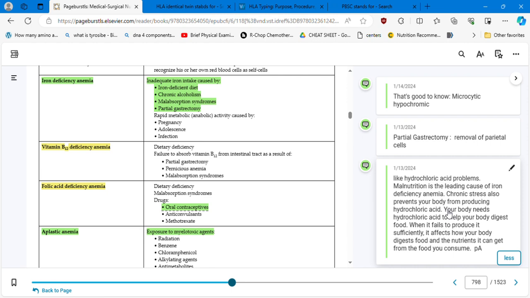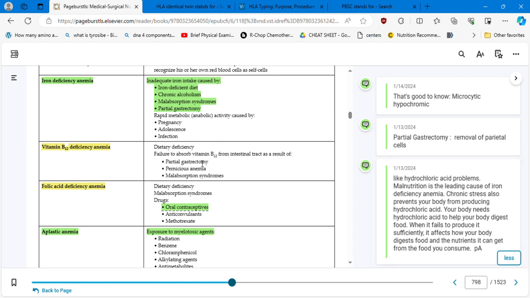You can do yoga, meditation, because you are entering the nursing field, which is highly stressful. Your body needs hydrochloric acid to help digest food. When it fails to produce it sufficiently, it affects how your body digests food and the nutrients it can get from the food you consume. The nutrients could be low.